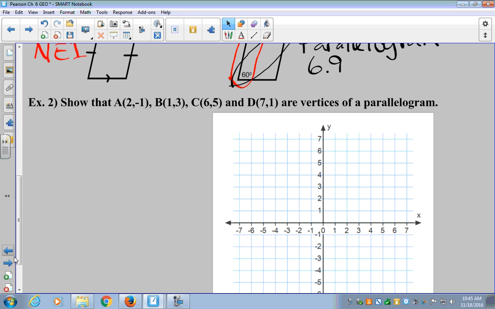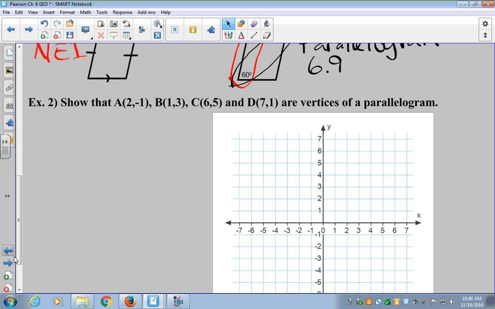Lines on a grid that are parallel have what property? Same slope. Okay, and then if my side lines are congruent, what formula do we usually use on a grid to do the distance of a line? Yeah, the distance formula.